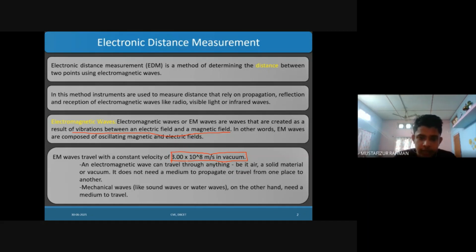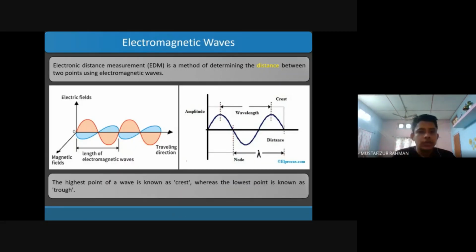Light is again the visible portion of the electromagnetic wave. This is how they are represented: we have an electric field, we have a magnetic field, and because of their interaction, we have the electromagnetic wave.